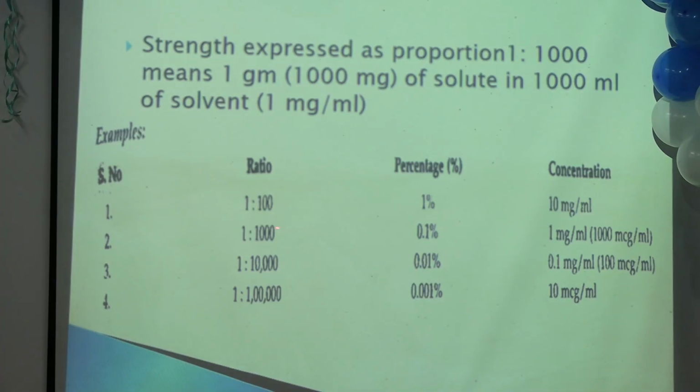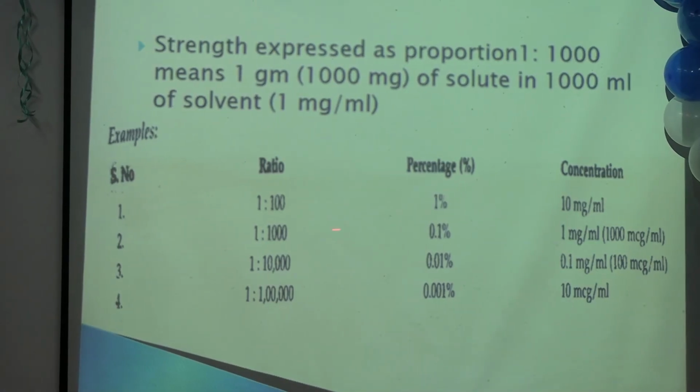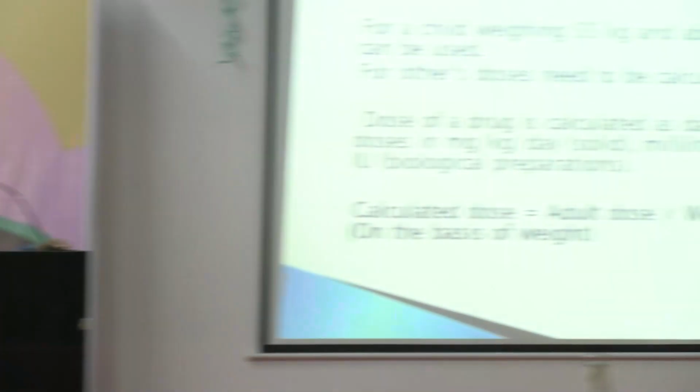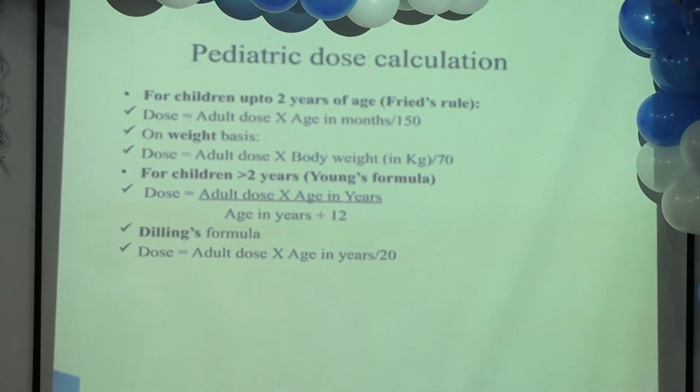And if it is 1 in 1000, the solute is dissolved in 1000 ml of solvent. So if you divide it, it comes to 1 milligram per ml. Any doubt? Okay, let us move on.